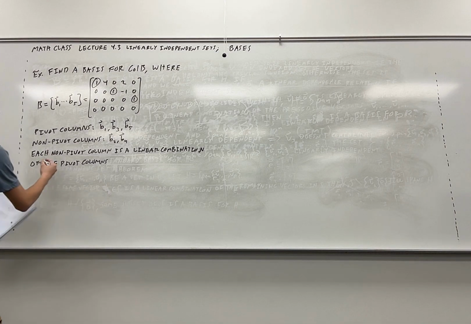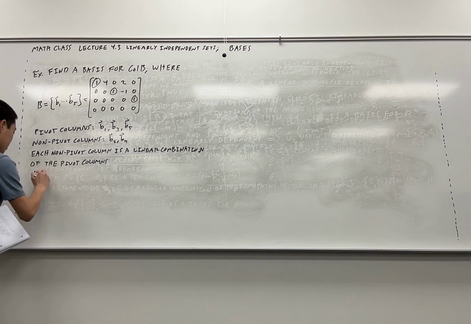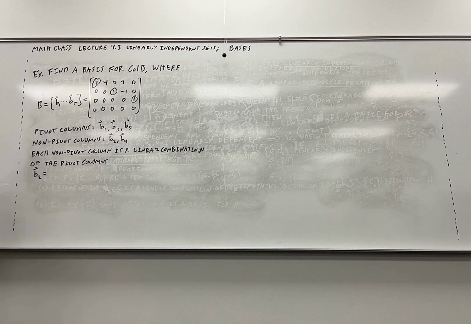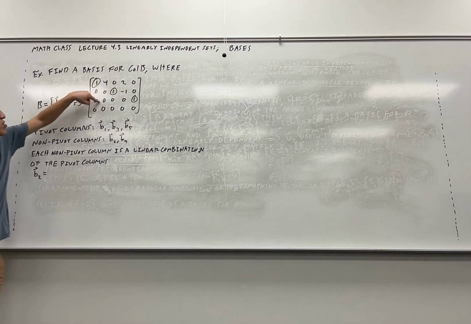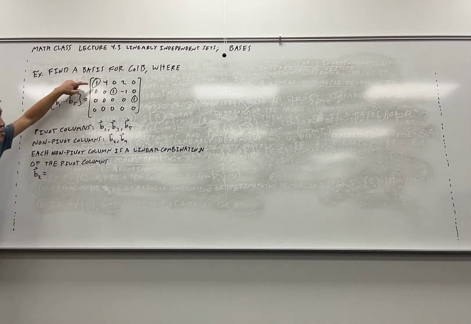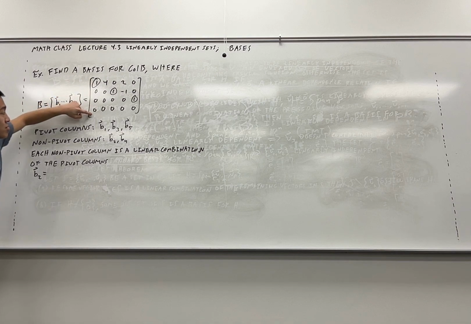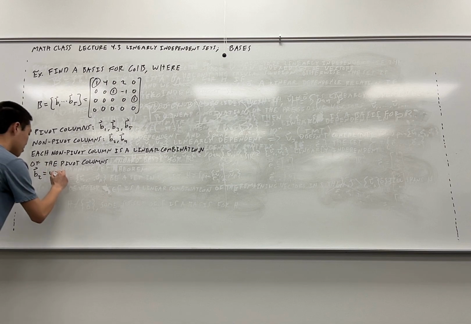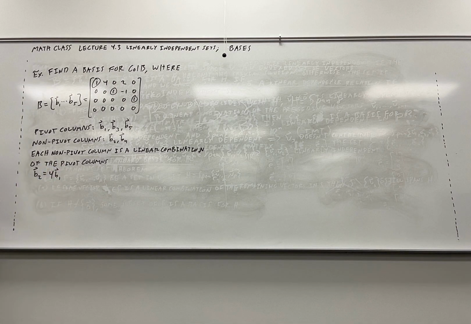So for example, take a look at B2, this 4, 0, 0, 0. That's basically just if I took the column 1, 0, 0, 0 and multiplied that column by 4. So 4 times B1. That's a linear combination. B2 is equal to 4B1. So B2 is not contributing any new information for the span. It's just contained already within the span of B1.